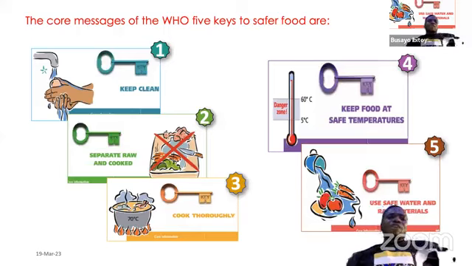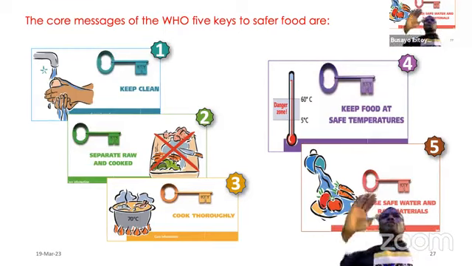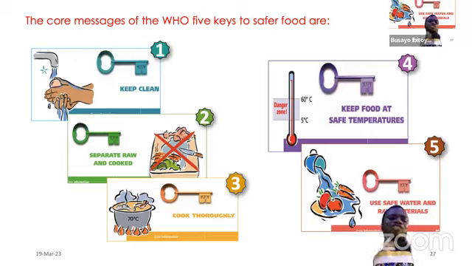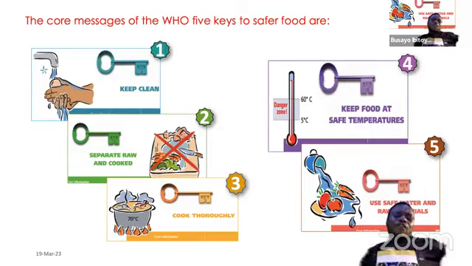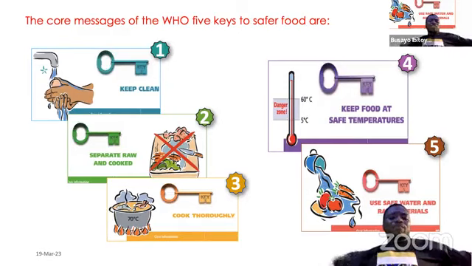And WHO has given us 5 keys to safer food, as we have on this slide. The first of it is for us to keep clean. Cleanliness at all stages of food production, processing, handling, and preparation, even to the table, we should keep clean. And here the health officers and clinicians will help in educating the community on how to keep clean.